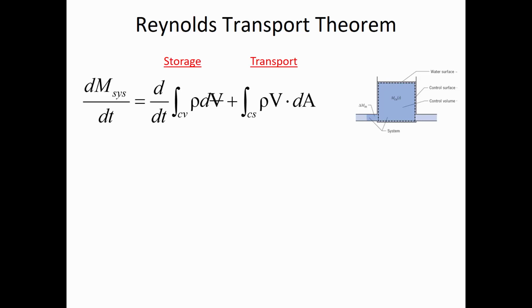But these two terms of the Reynolds transport theorem can be broken up into a storage component and a transport component. The storage term says that there is an accumulation in the control volume of mass times a change in volume over time. Now this V with the cross through it means volume, whereas this V we're using to represent velocity.